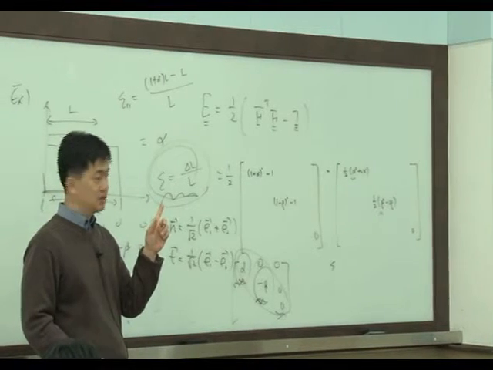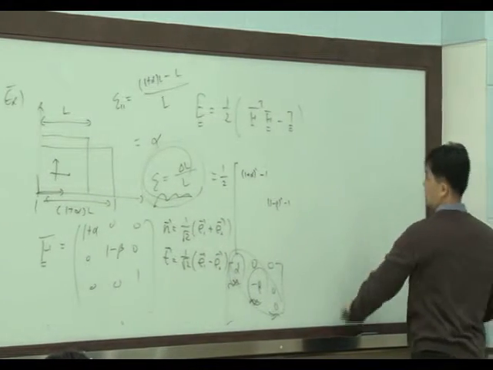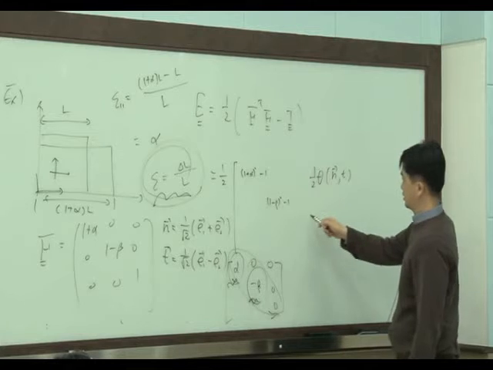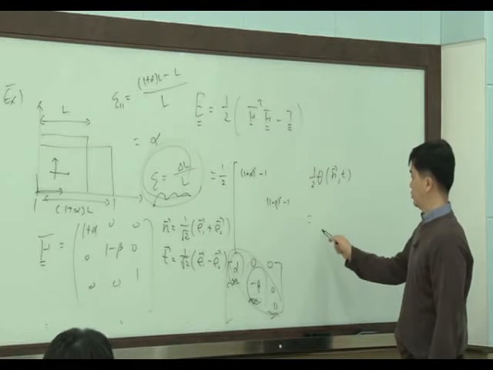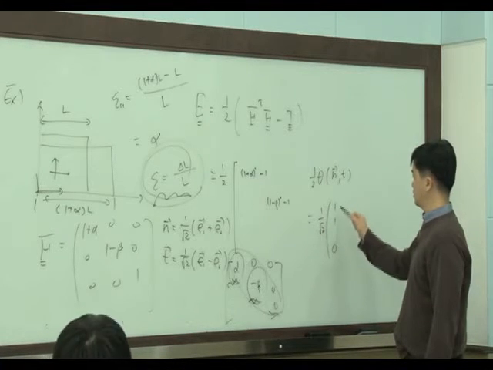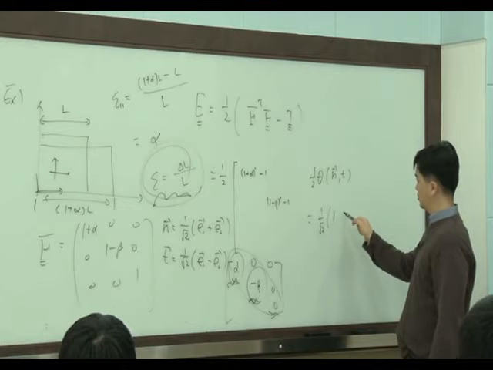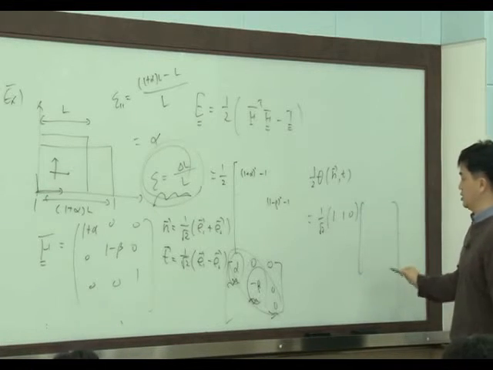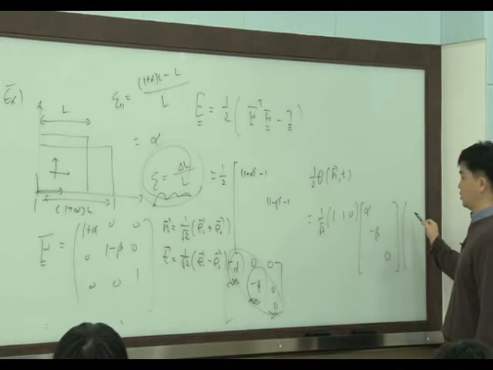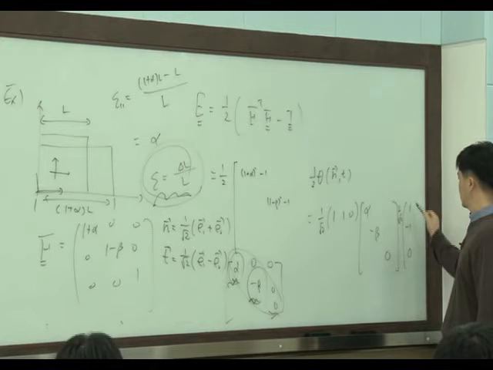Okay, can you do that? So we can simply write the angle change, 1 over 2 theta n t, equal to 1 over square root 2, 1, 1, 0, transpose, then the matrix alpha, minus beta, 0, times 1 over square root 2, 1, minus 1, 0.